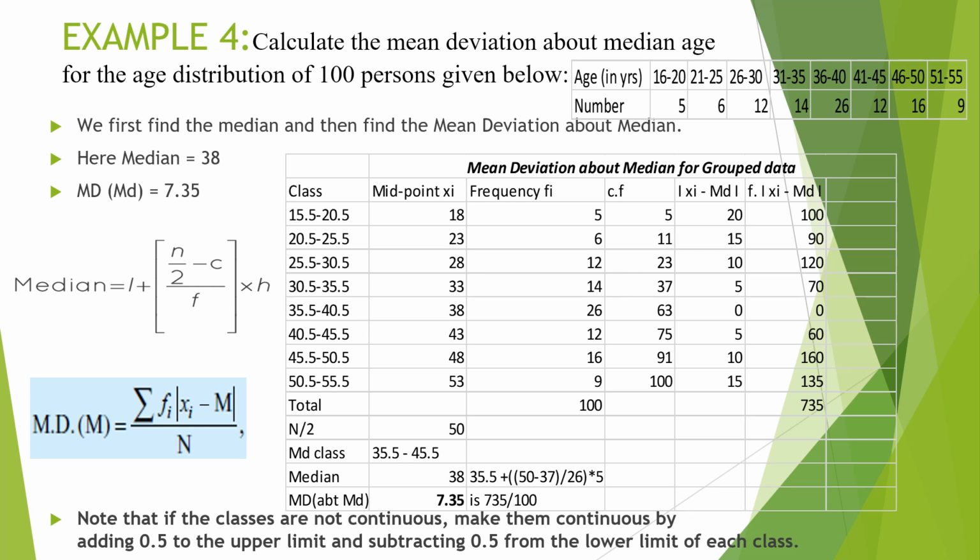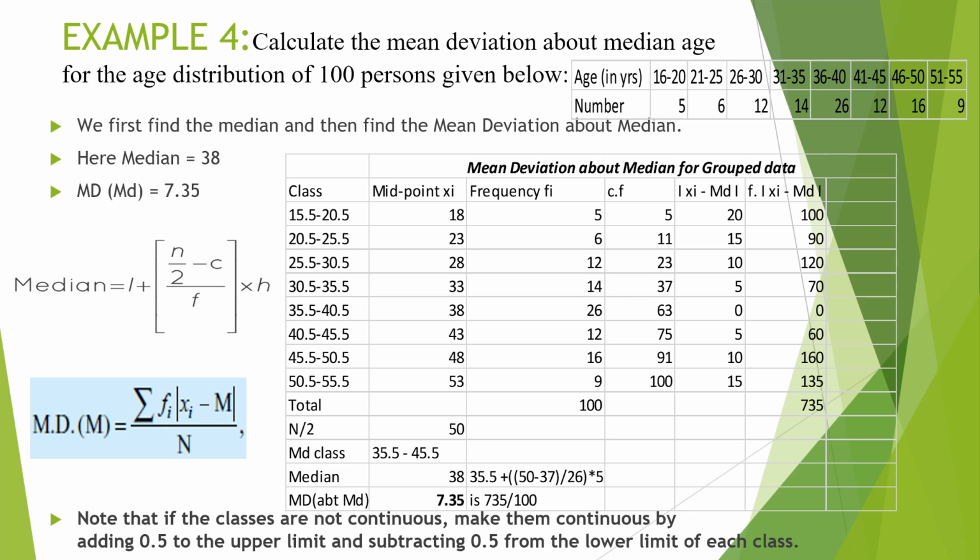See the class which has cumulative frequency 50 or just more. The class 35.5 to 40.5 has cumulative frequency 63, which is more than 50. So this is your median class. To find the median, the formula is L plus (n by 2 minus C) upon f, into h. Our median class is 35.5 to 40.5.